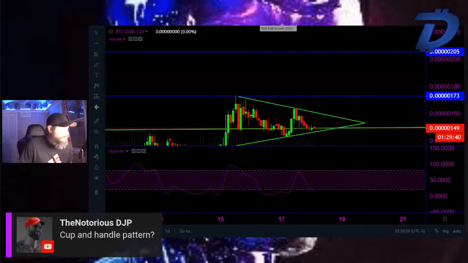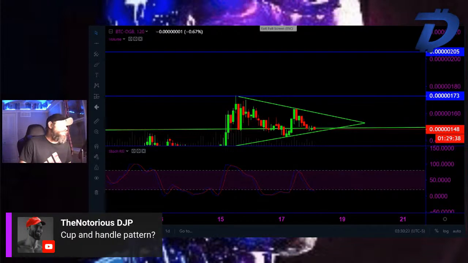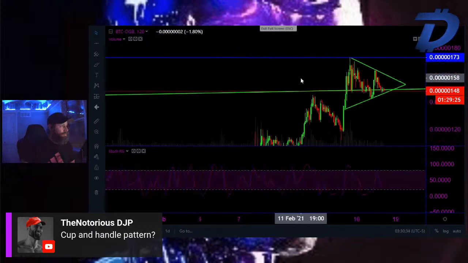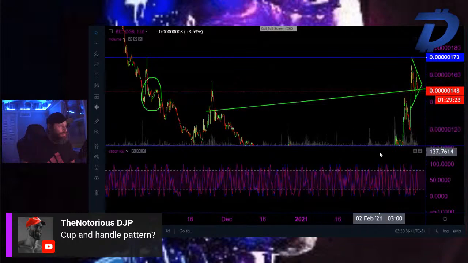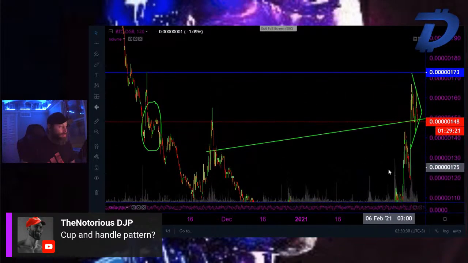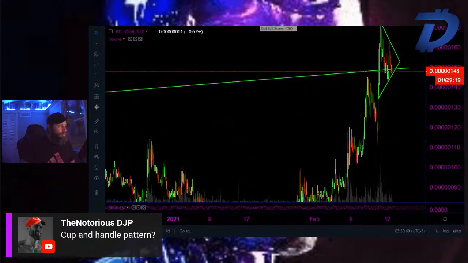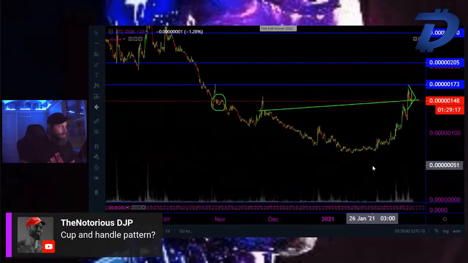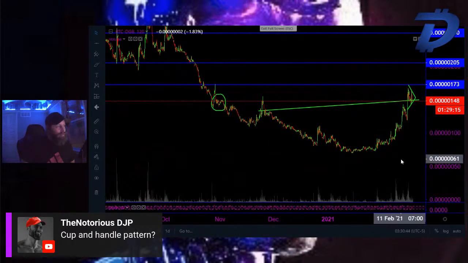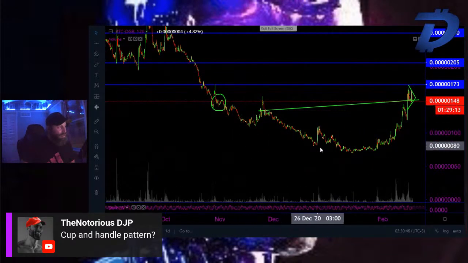Cup and handle pattern. Yeah, it looks much clearer on the DGB USD pair. That'd be a giant cup and handle pattern, but here's a reverse cup and handle pattern.